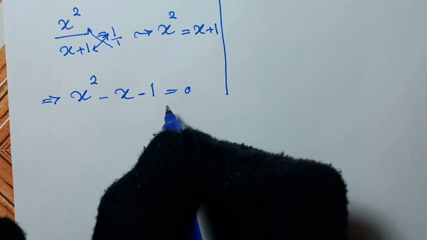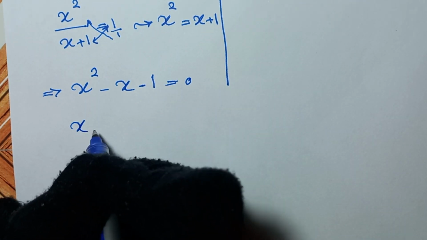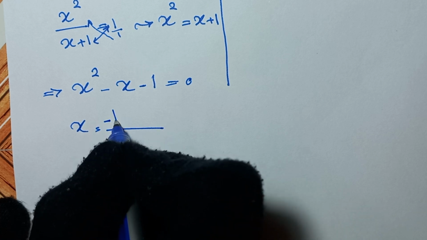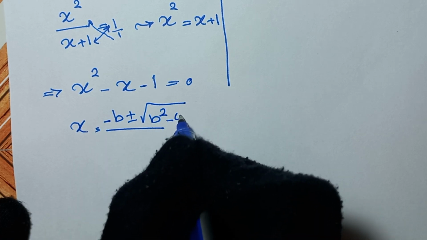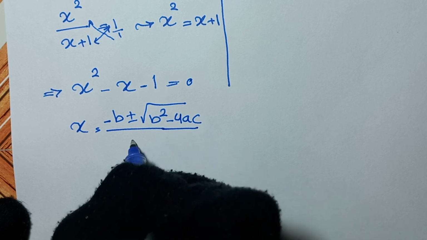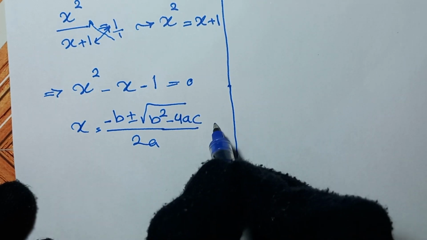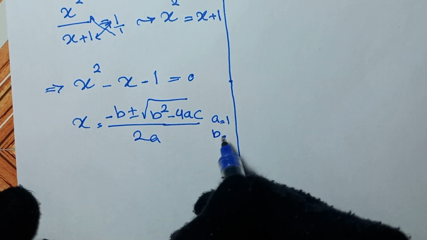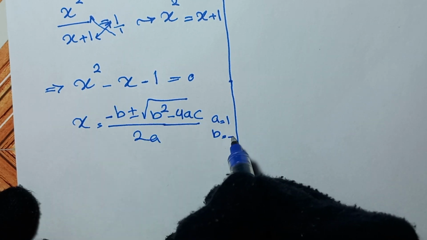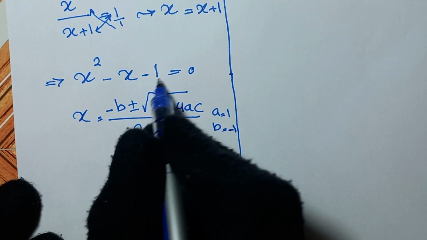So here, we have a quadratic equation, and we use the quadratic formula, which is x equals negative b plus or minus square root of b squared minus 4ac over 2a, where a, the coefficient of x squared, is 1, b, the coefficient of x, is negative 1, and c, the constant, is negative 1.